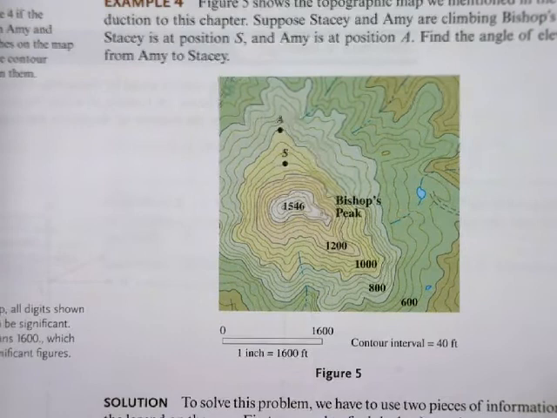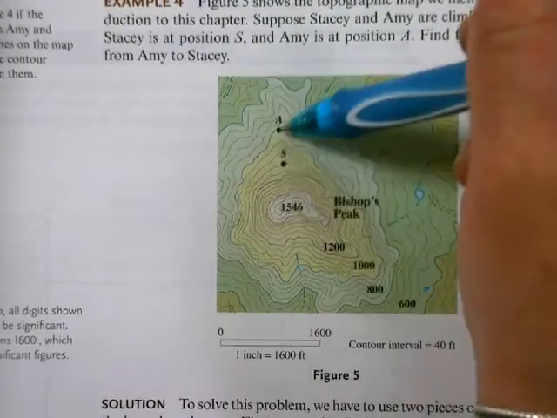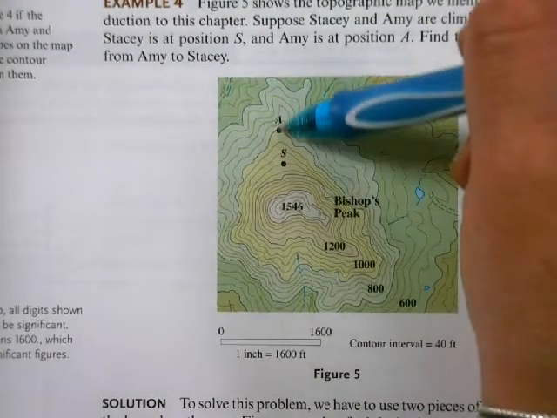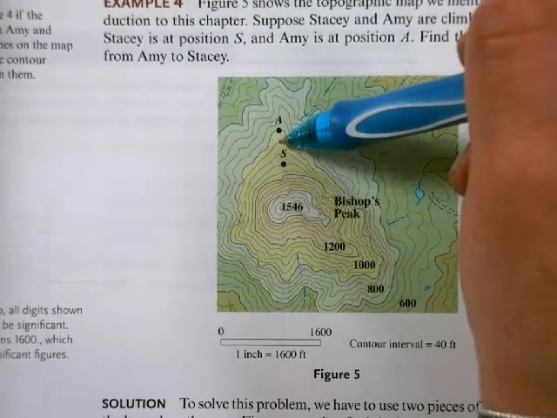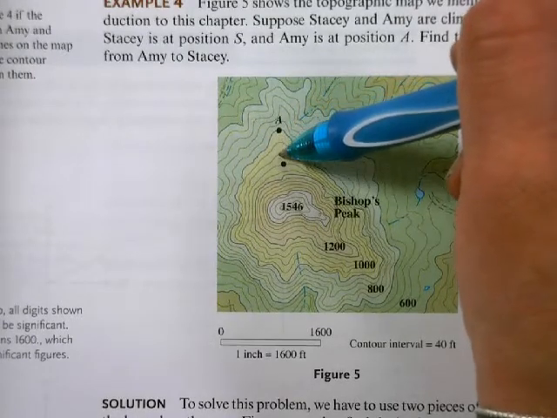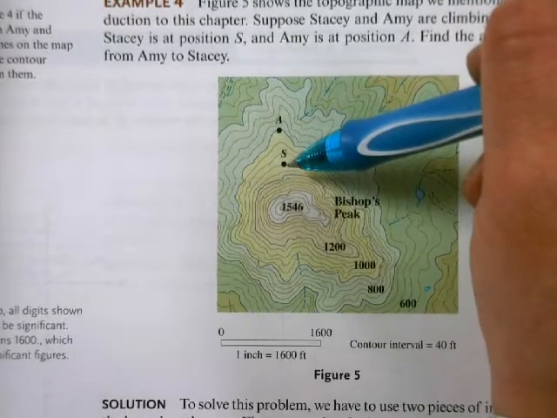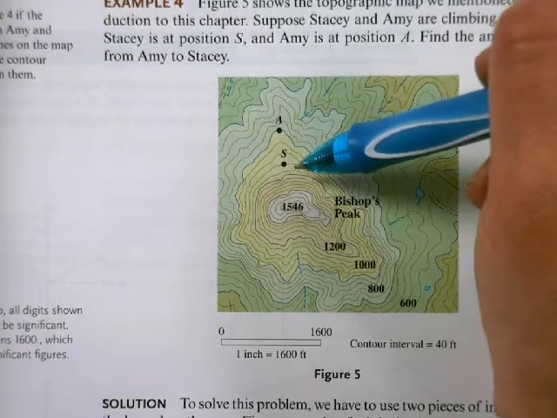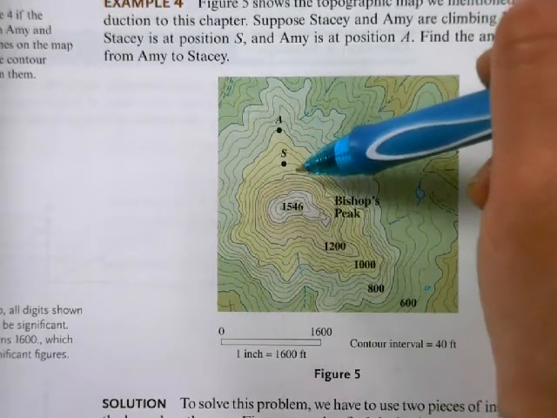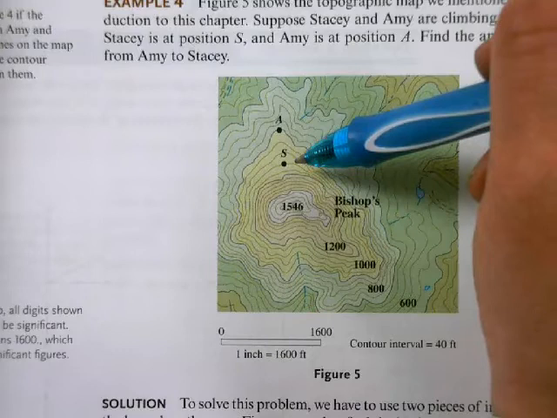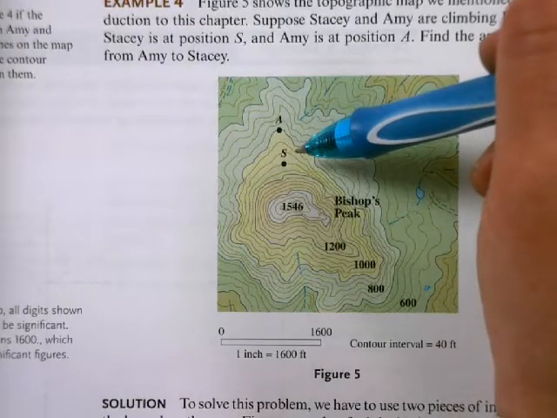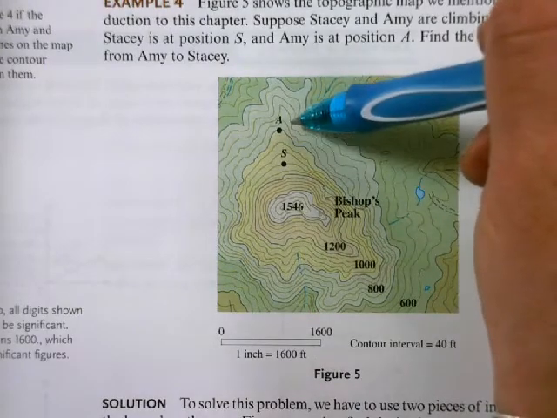Okay, so they're 3/8 of an inch apart. How many rings are there between the 2 of them? Well, there would be 40 feet, 80 feet, 120 feet apart. Would you agree with that? Meaning Stacy is 120 feet higher in elevation than Amy.